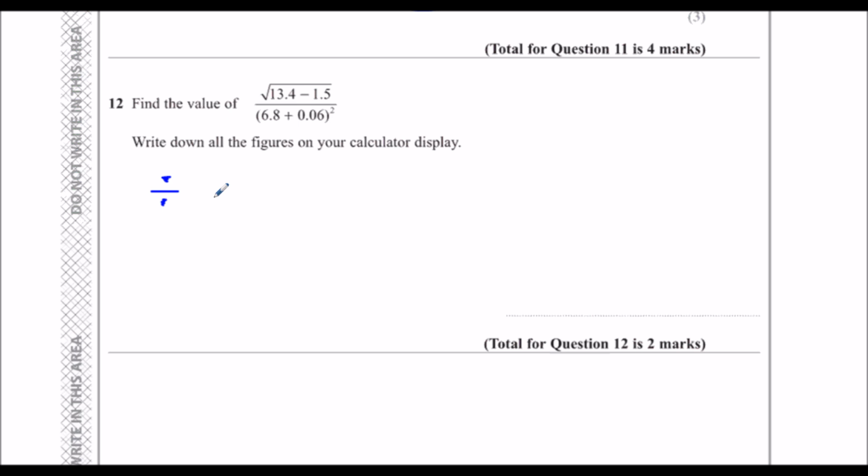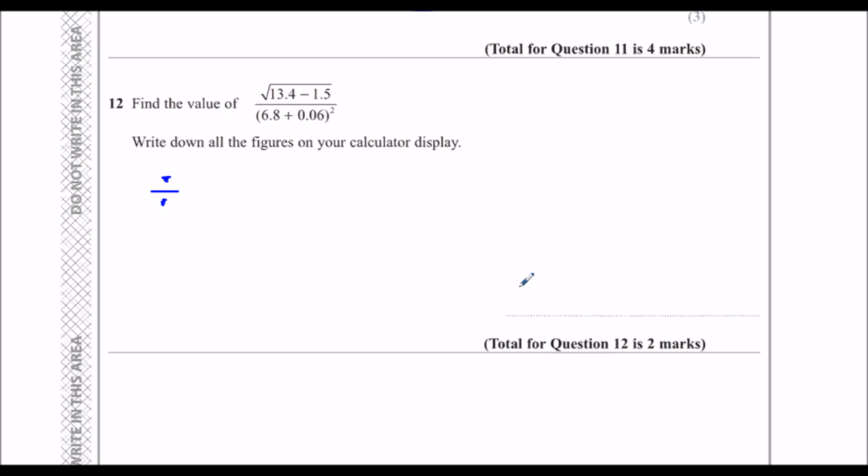Remember the bracket on the bottom, very important. So I've typed it in exactly how it appears in the question. So the whole of the top line is under the square root sign, and the whole of the bottom is in the bracket and then squared.